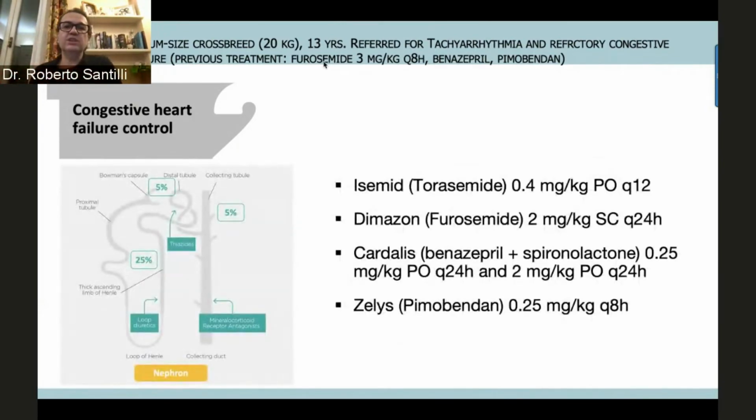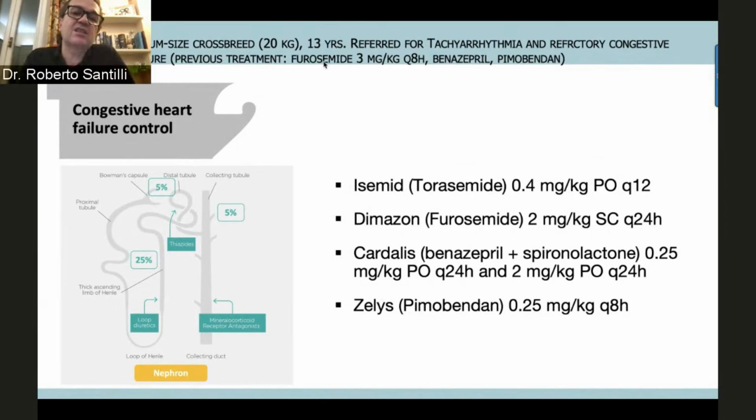So what we did, we wanted to use torsemide. As you know, torsemide is a very, very powerful diuretic. It can be used once a day in a class C patient, but usually in class D you can start using it once a day and then move to twice a day with a higher dose.